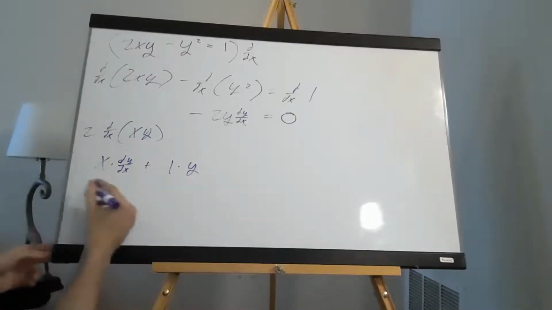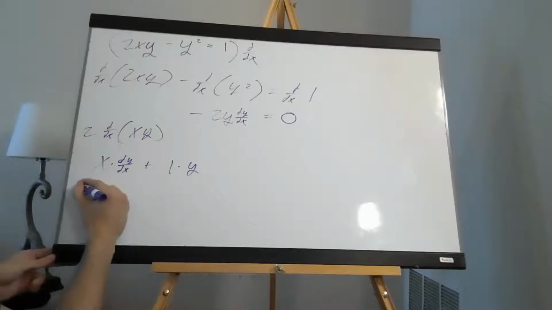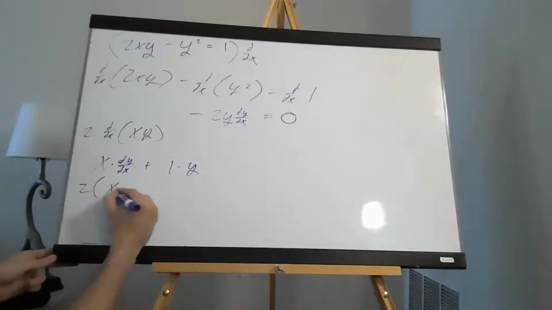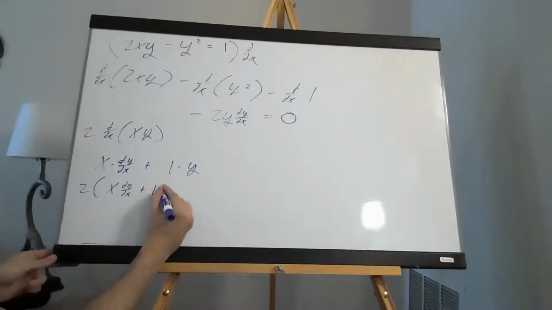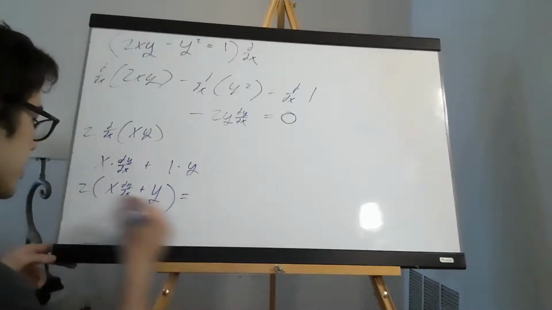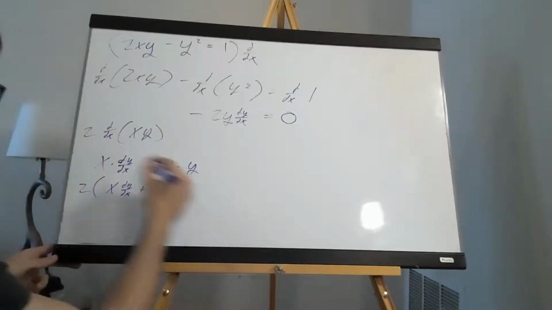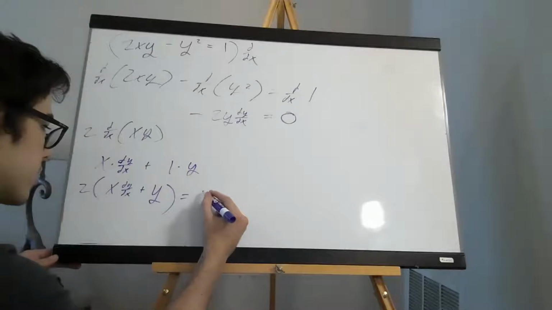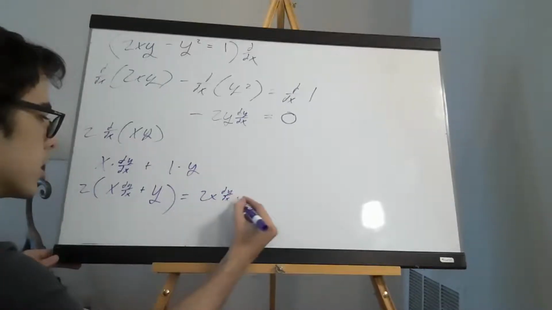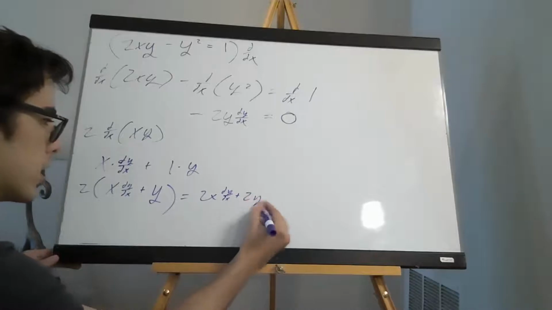And this is going to leave us with 2, because we can't forget the constant out front, times x dy/dx plus y. So our final answer for differentiating 2xy is 2x dy/dx plus 2y.